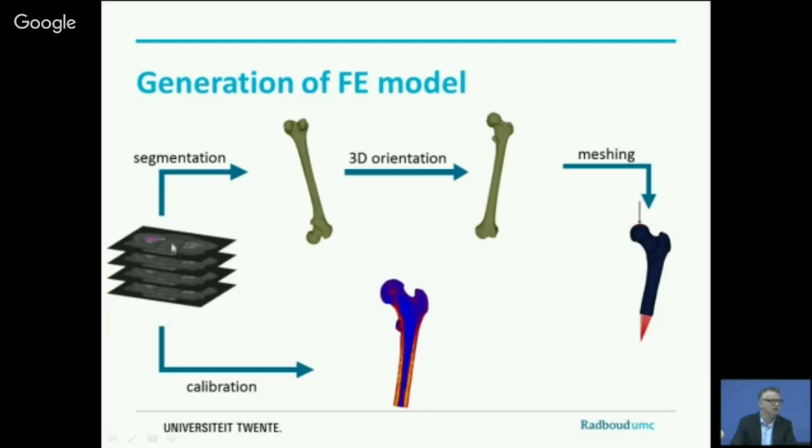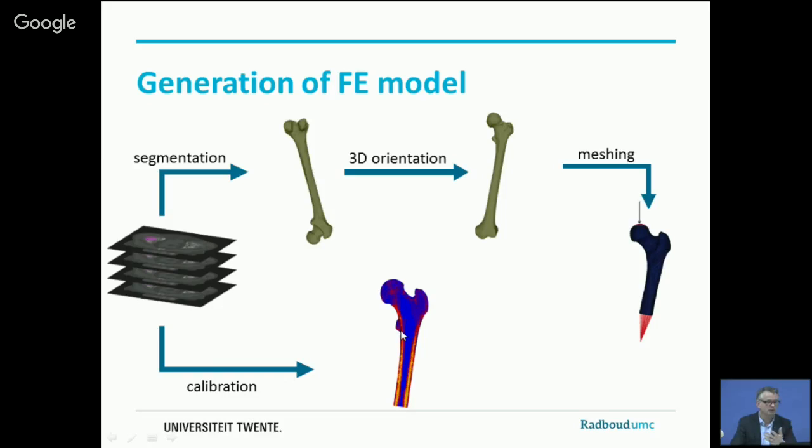What we also get from the CT scans is the density. So here you can see a cross-section of the model, and you see here the mechanical properties of bone within the model. So red is the cortex bone, the cortical bone, and blue is the more cancellous bone. We know the strength and the stiffness of these materials. I just explained that to you. So we can put it also in the model.